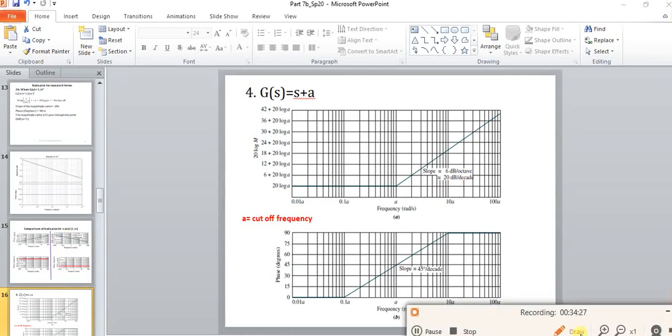That is to say, at a the gain is 20 log a, then if I increase this to 10 times, that is 10a, then comparing these two, here it is 20 log a, and here it is just above 18, so that is 20 log a plus 20. This is what we mean by 20 dB per decade increase.